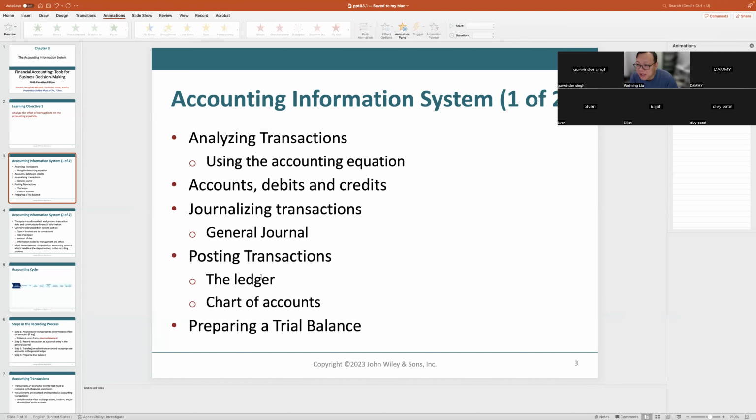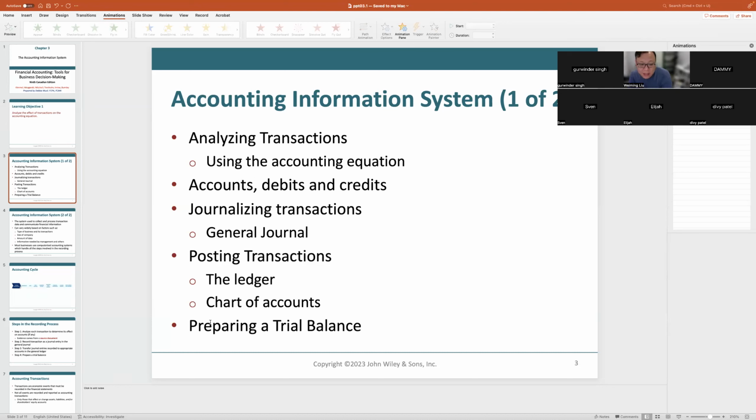A company has various numbers of different accounts, so the ledger will consist of all these charts of accounts. How does each transaction affect each account? Those effects will be posted to the ledger under each account.